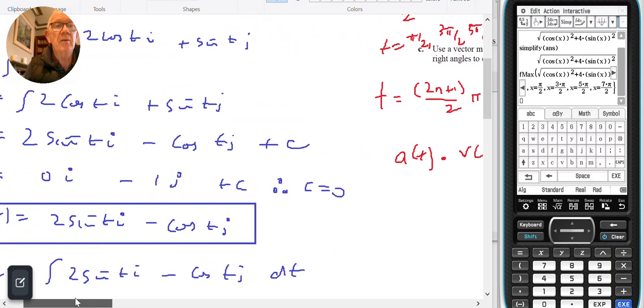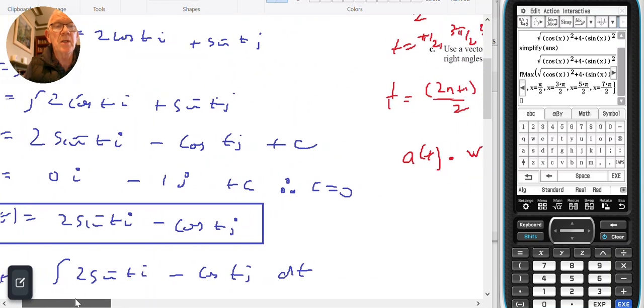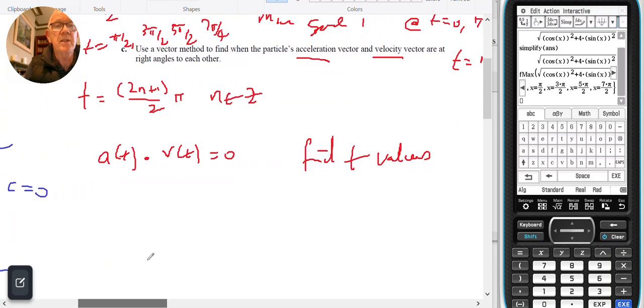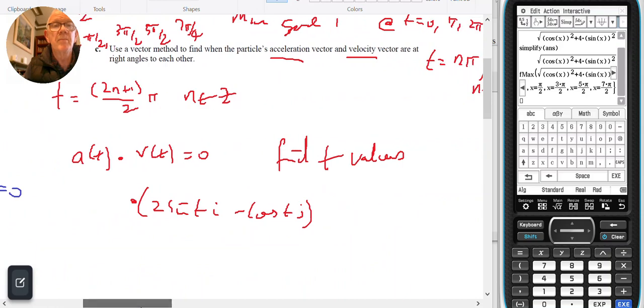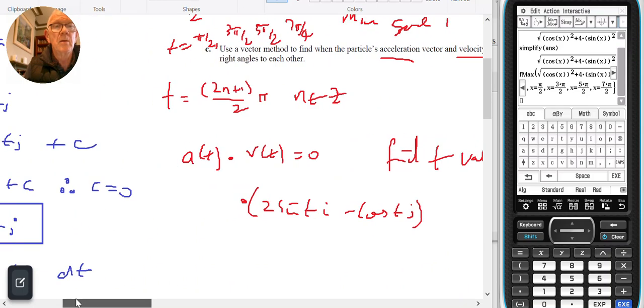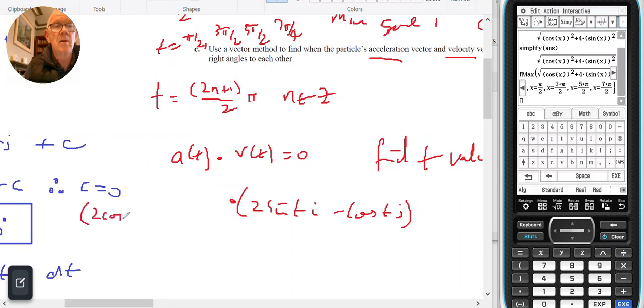My velocity is 2sin(t) i - cos(t) j, and the acceleration is 2cos(t) i + sin(t) j.